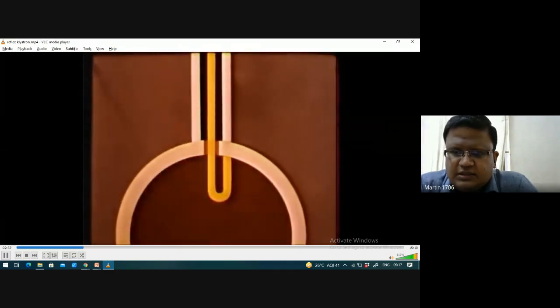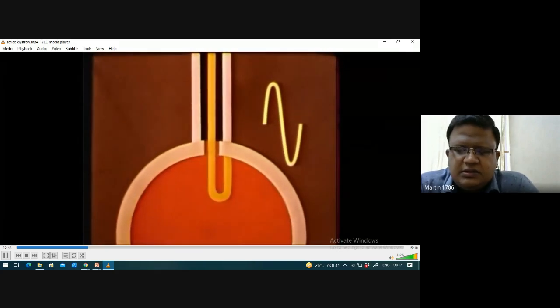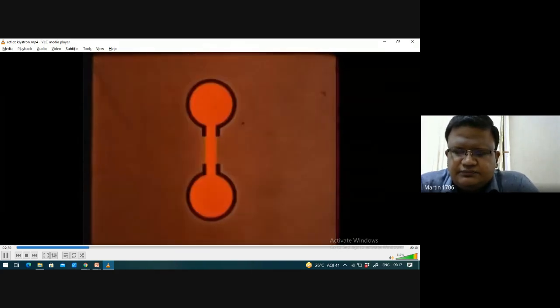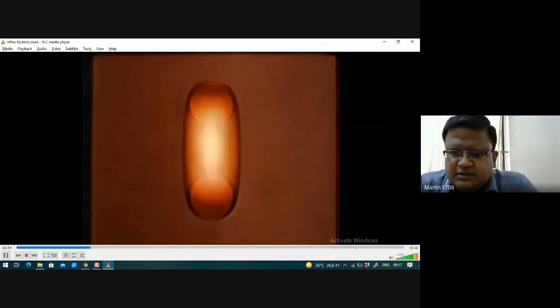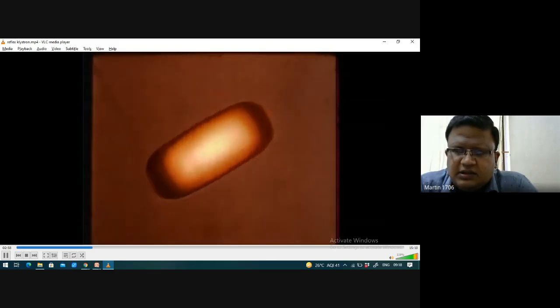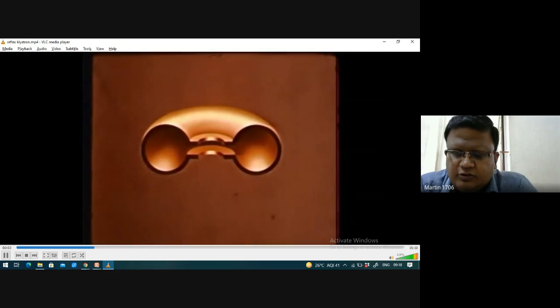From the outlet, you will get the amplified signal. Suppose my input is around 10 volts. I will get an output of at least 10, that is, above 10 volts only.